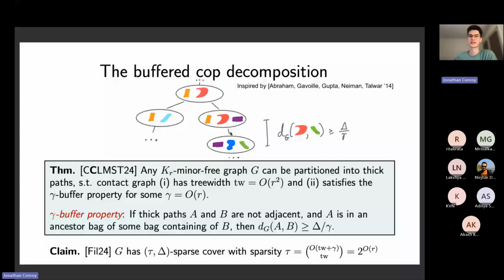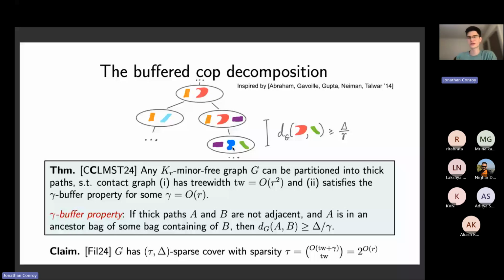So if you consider this bag, the green thick path, if we had gamma equals 1, the only thick paths that would be within distance delta are the purple and the blue thick paths. And so if gamma equals 1, then every thick path would have O of tree width threateners.